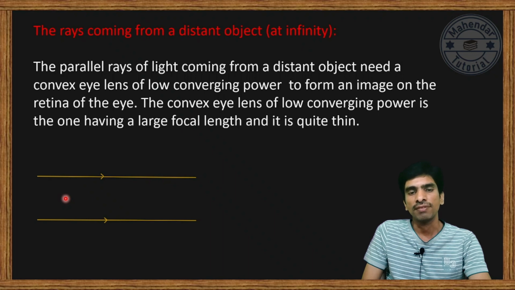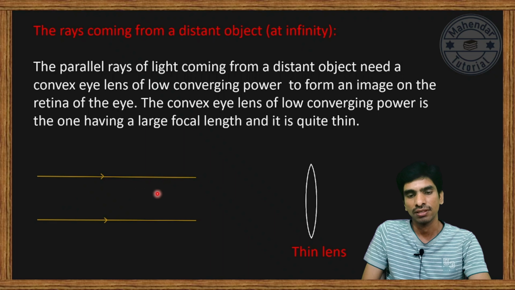It means the convex lens of low converging power is the one having more focal length, and it should be a thin lens. So to form the image on the retina we need a thin lens with a large focal length.